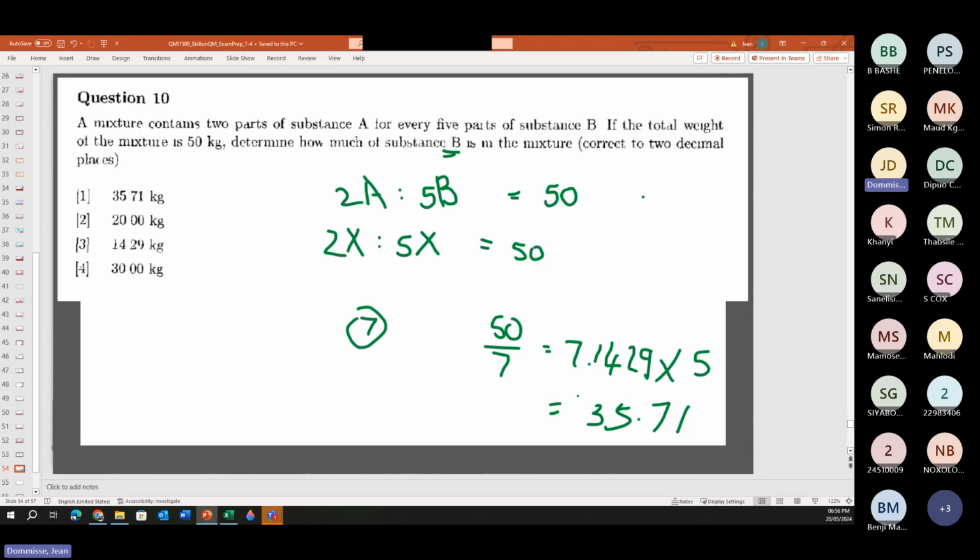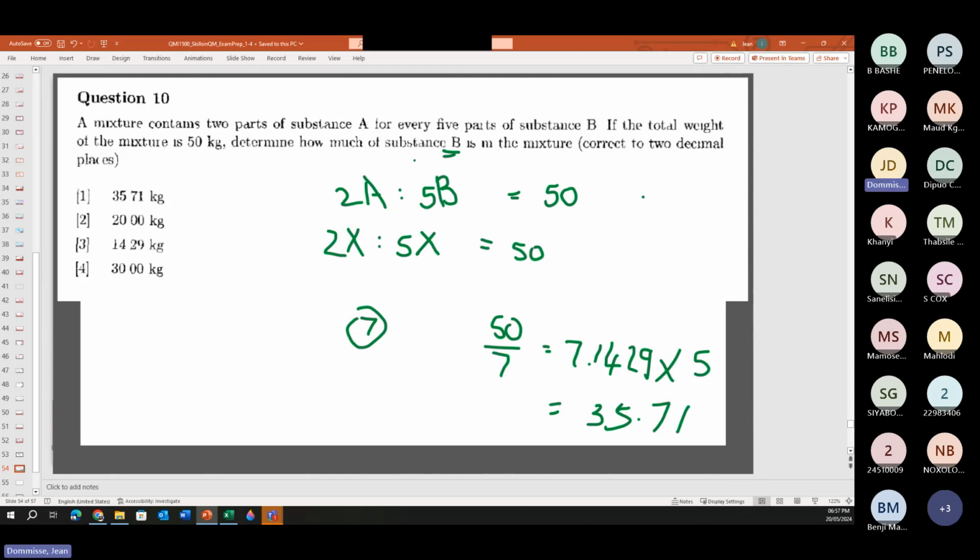You wanted to say the 50 divided by 5 times 2 is the 20, and what's left is then 50 minus 20, but I would have done it 2 parts to 5 parts, so it's 7 in total.